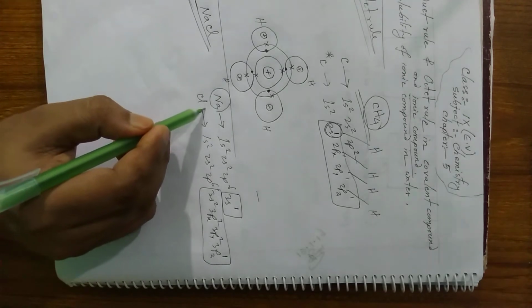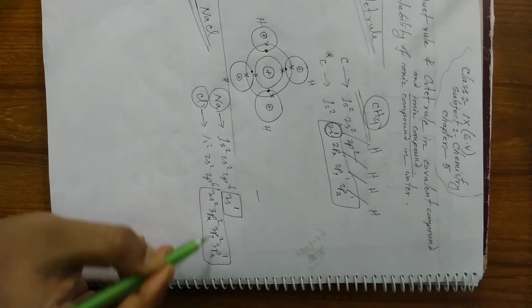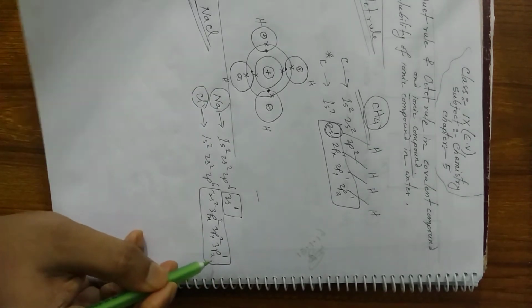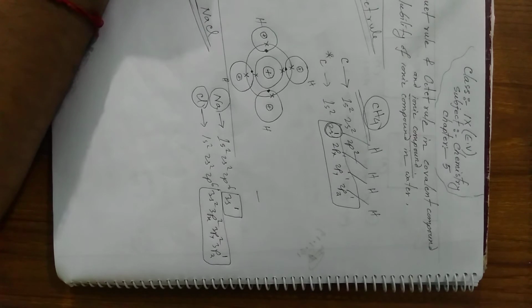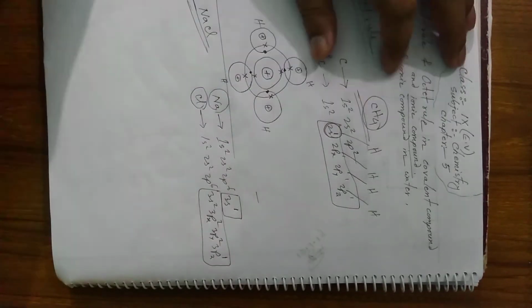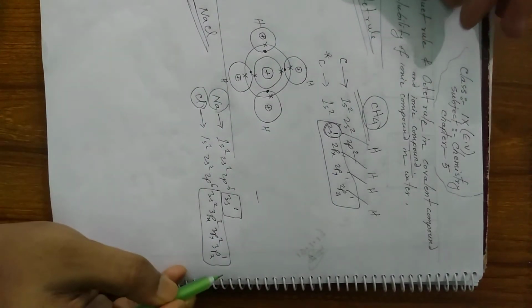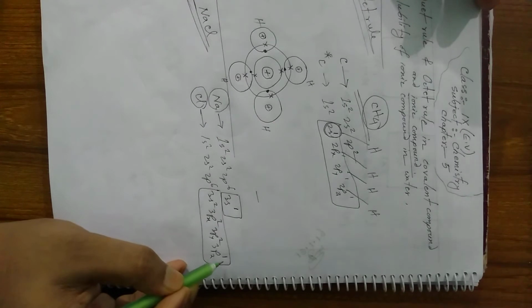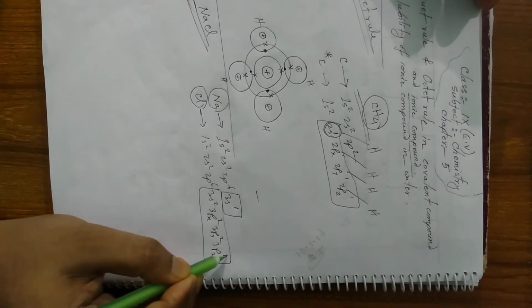In the case of chlorine there are 7 electrons in the outermost orbit or valence shell, so it will be easier to accept one electron to obtain the state of an inert gas. That is why chlorine will accept one electron in the outermost or valence shell.